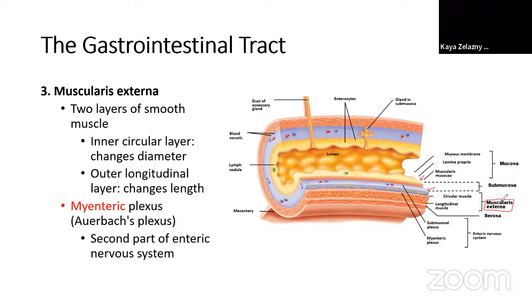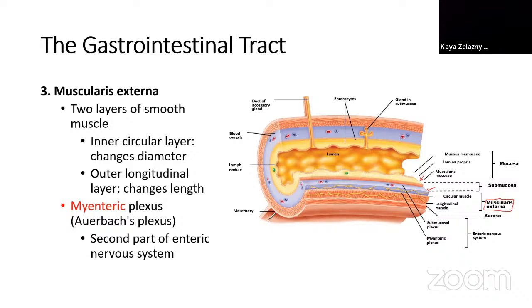And by working together, they're going to squeeze alternating segments of the tract, propelling food forward. And we'll talk about that when we talk about control of the GI system as a whole. So that'll come back. It's just a little tidbit about what is actually doing the squeezing.